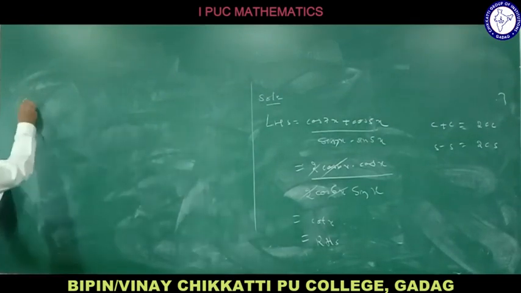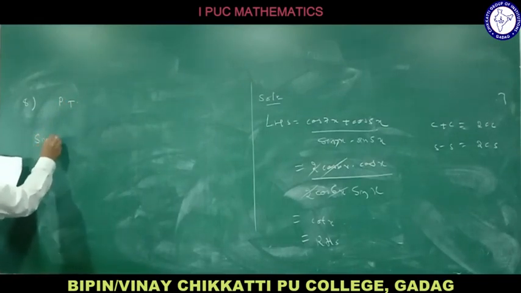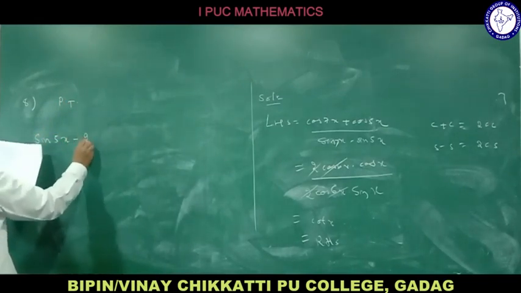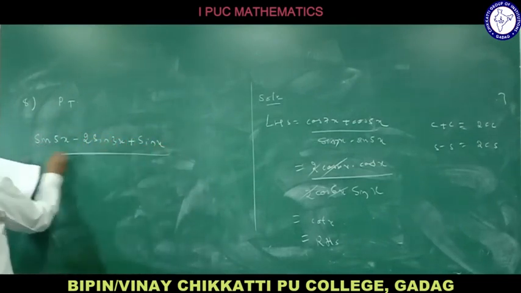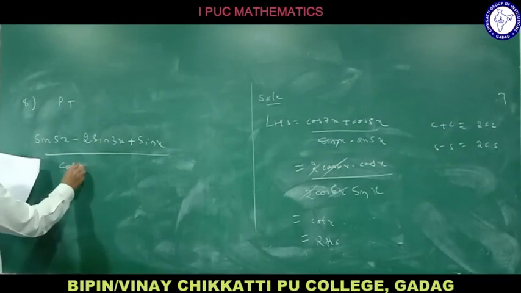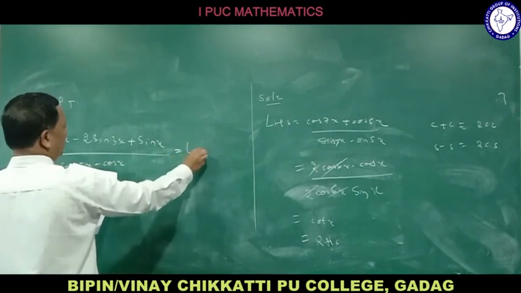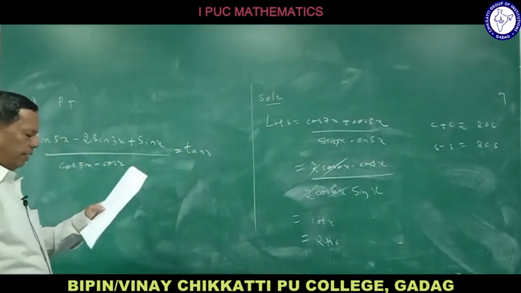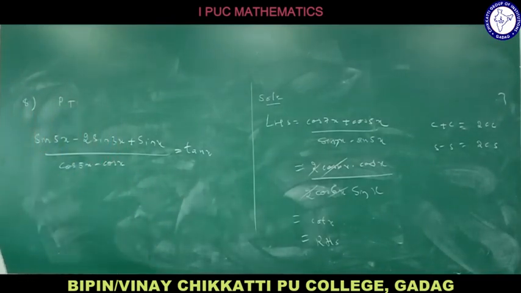Problem 8: prove that sin 5x minus 2 sin 3x plus sin x, divided by cos 5x minus cos x, is equal to tan x. You can find out how it is possible.